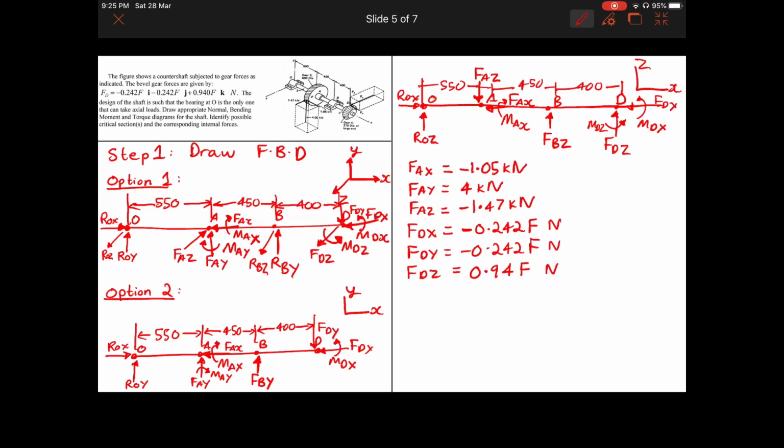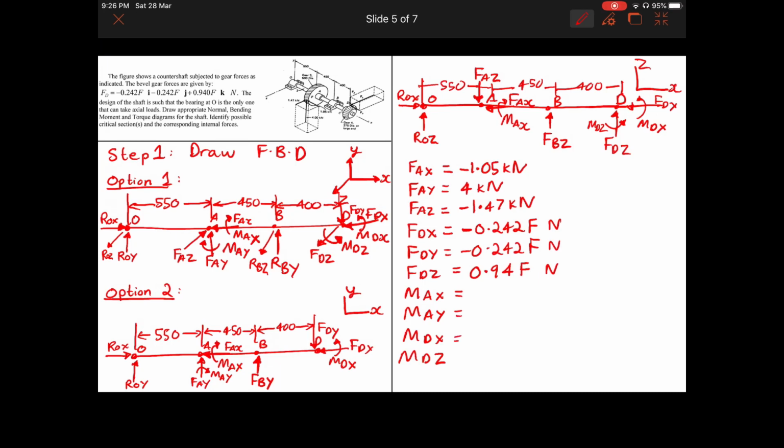Okay, now after this we also know the moment. We can find it. So MAX, MAY, MDX, and MDZ. So I think that should cover everything from the knowns.